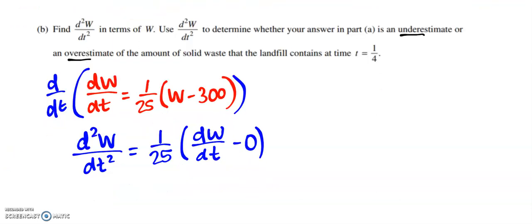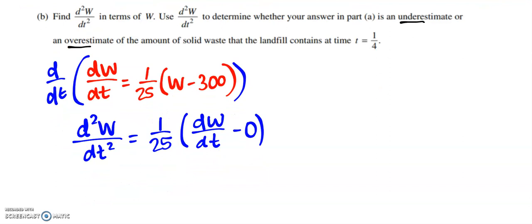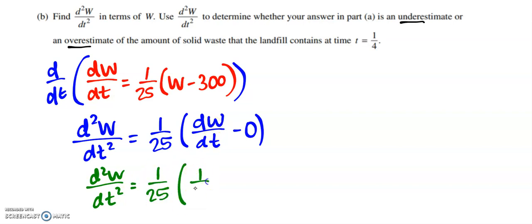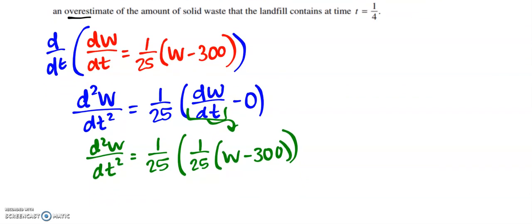So you can write it, but you don't have to. And then from my original information, I know that dW/dt was really equal to 1/25 (W minus 300). So I just took this and applied my dW/dt.